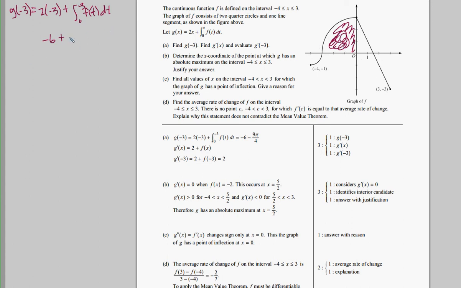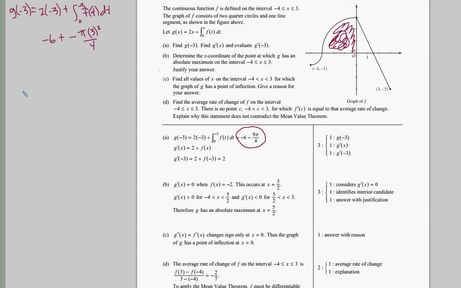So that's going to be negative pi times r, which is 3, squared divided by 4, because it's a quarter circle. And so that's how we end up getting -6 minus 9 pi over 4.